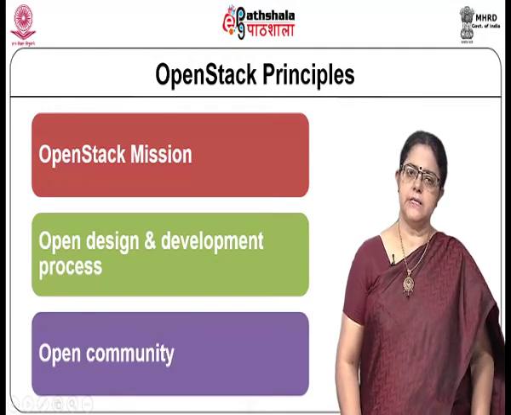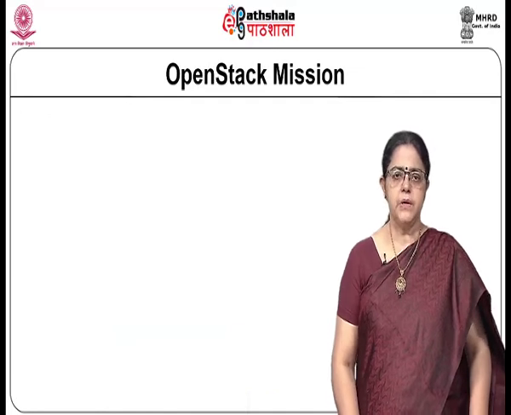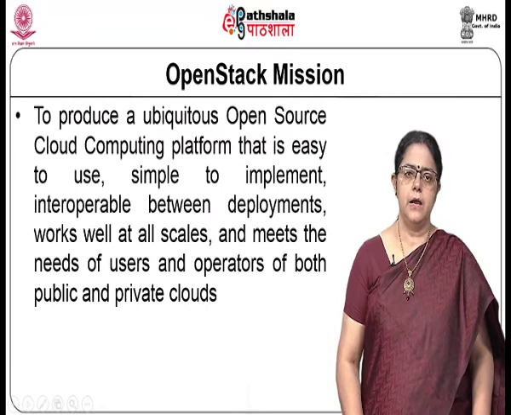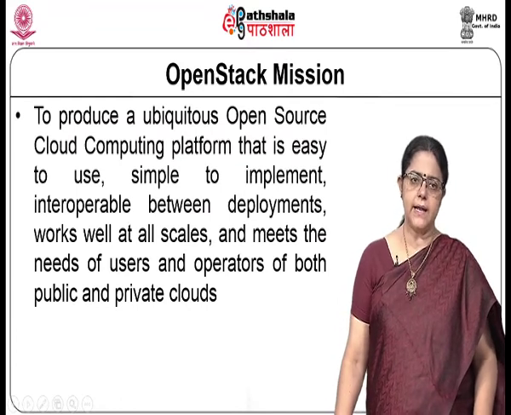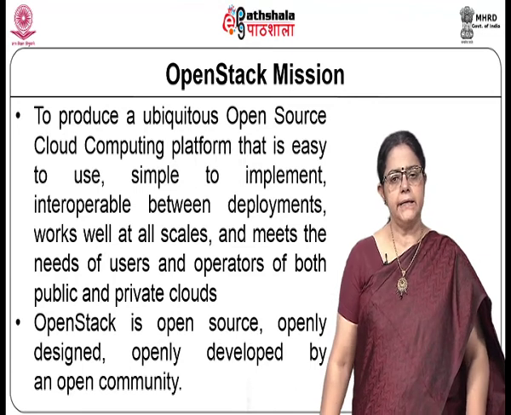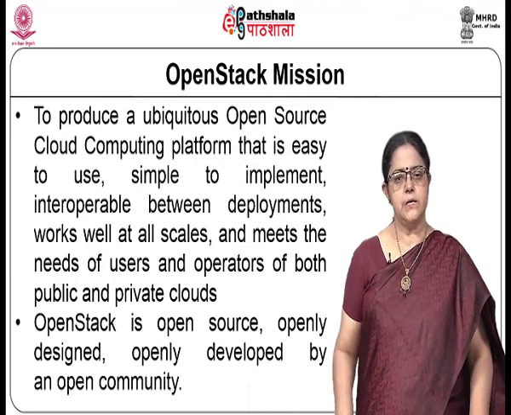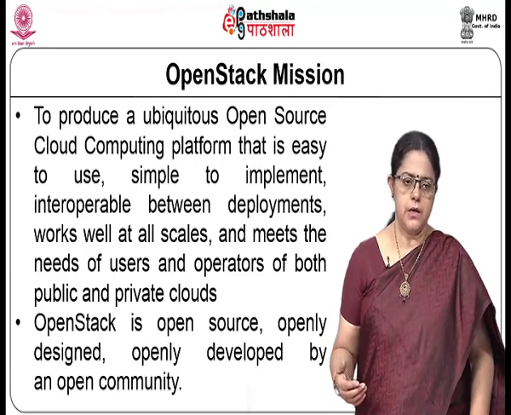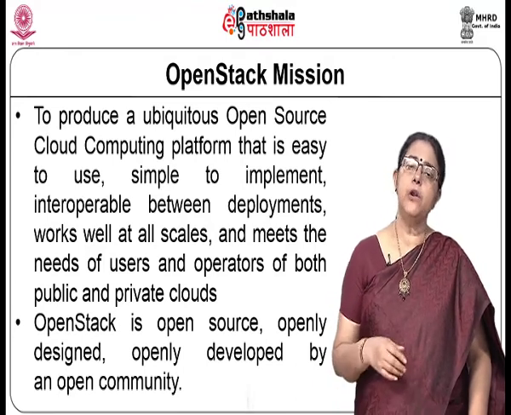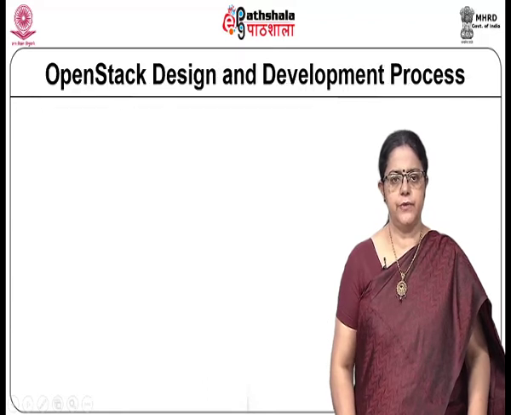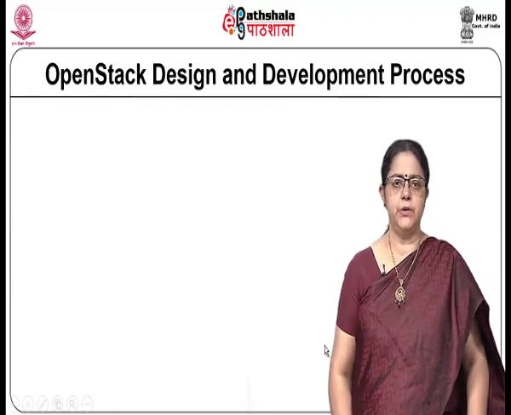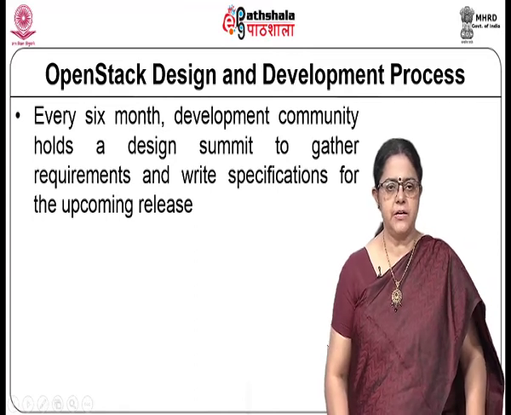As part of the principles, we will look at the OpenStack mission, the design and development process, and the open community, because it is very unique the way OpenStack is being developed. That is why we need to look at that. This is the OpenStack mission, and therefore, it is open source, openly designed, openly developed by an open community software. How the design and development process happens is a very unique process, as we have mentioned.